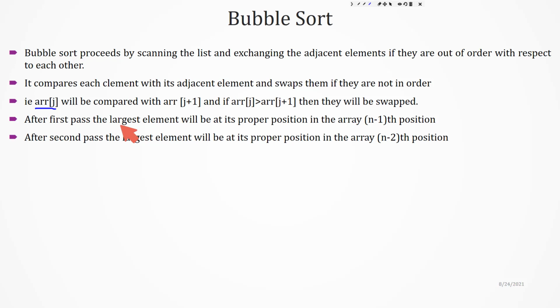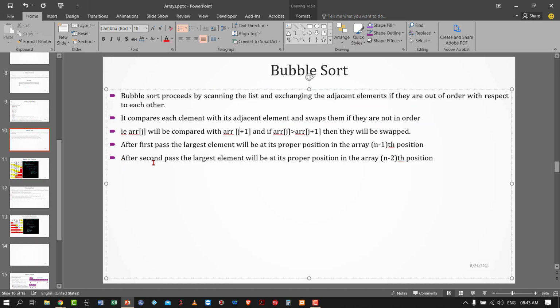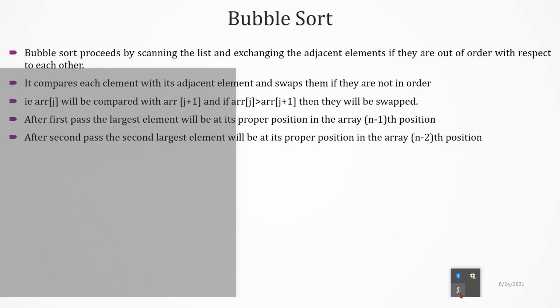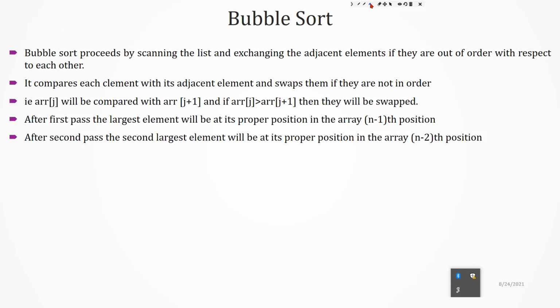After the first pass, the largest element will be at its proper position in the array, the n minus 1th position. After the second pass, the second largest element will be at its proper position, that is the n minus 2th position.